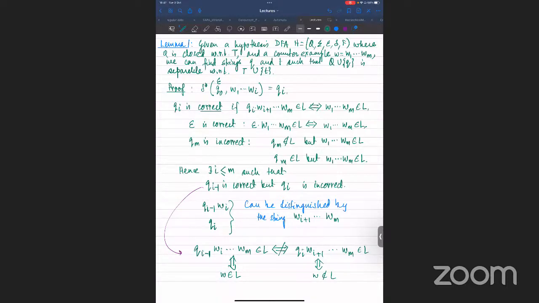Because we said there exists an i such that this is correct but this is incorrect. If this belongs to L, then w cannot belong to L because it is incorrect. So what is the definition of correctness? If this belongs to L, then w belongs to L.